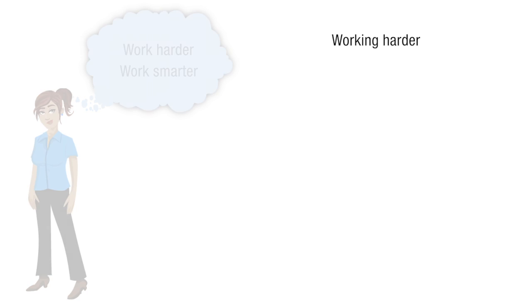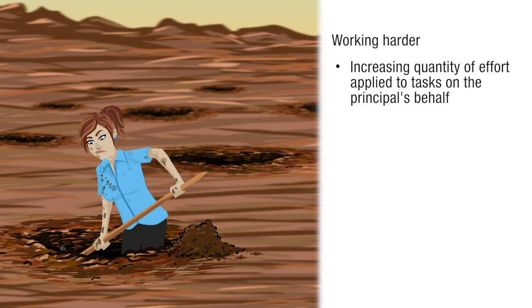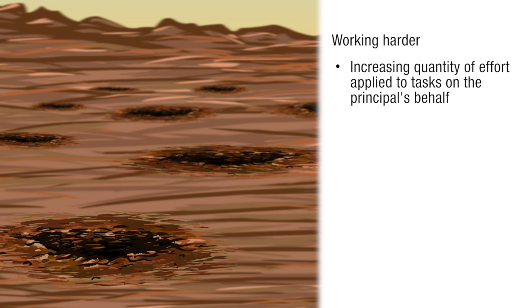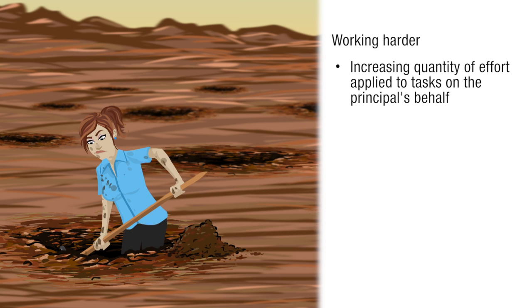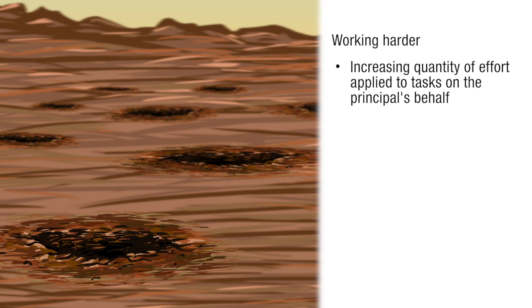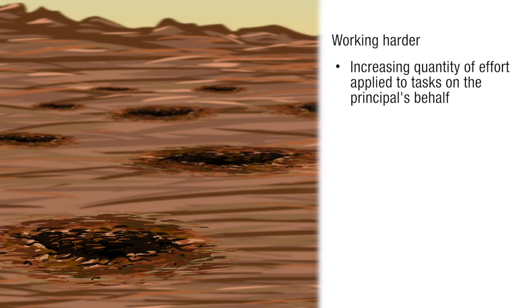Working harder is just the total quantity of effort that the agent provides. How many hours are they working? How much are they working their muscles when they move that dirt out of the hole to look for diamonds or make a trench? That's working harder.